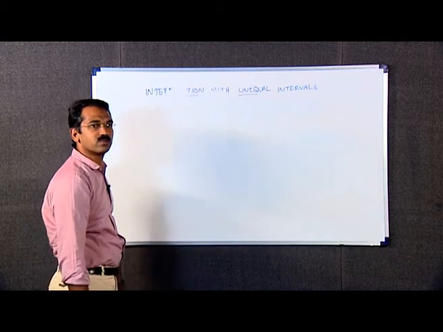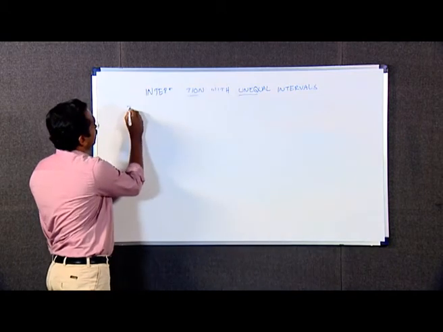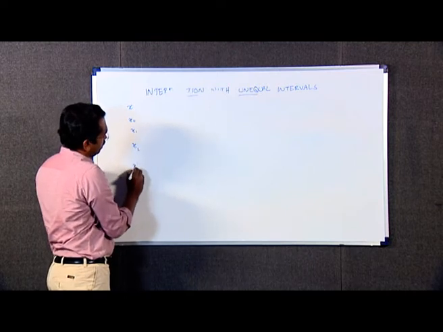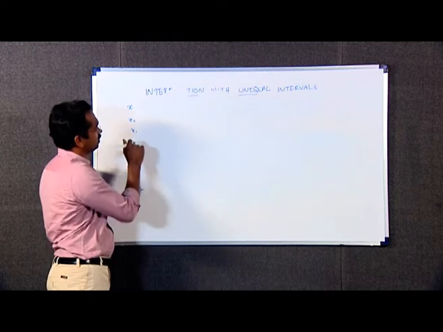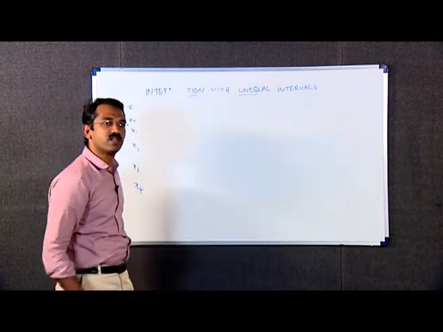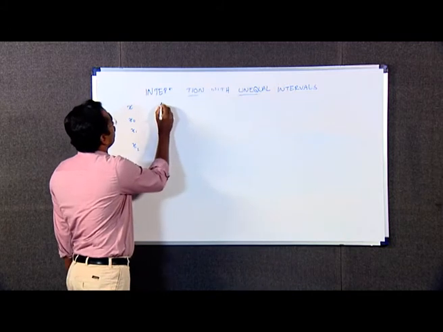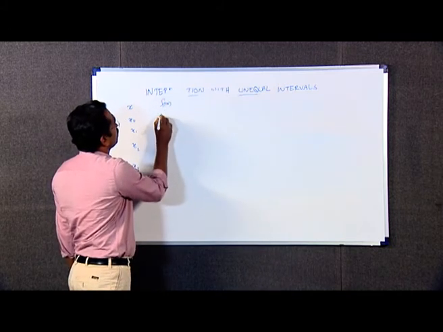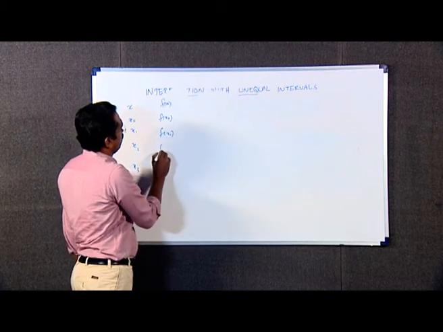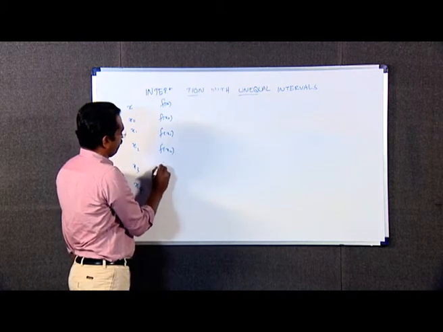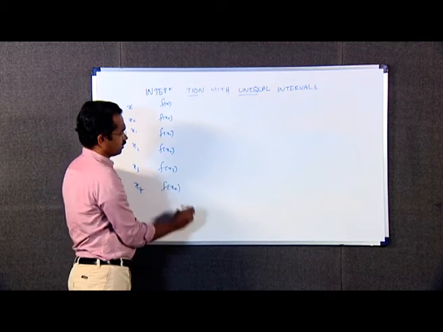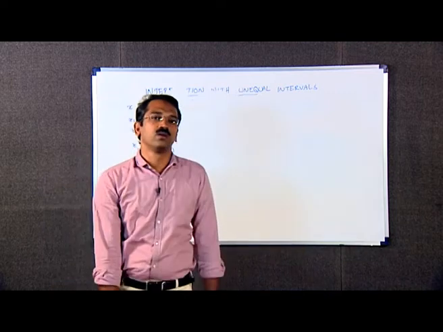The values of arguments are x0, x1, x2, x3, x4, that is the 4 arguments, and the corresponding function values f of x0, f of x1, f of x2, f of x3 and f of x4 are given.